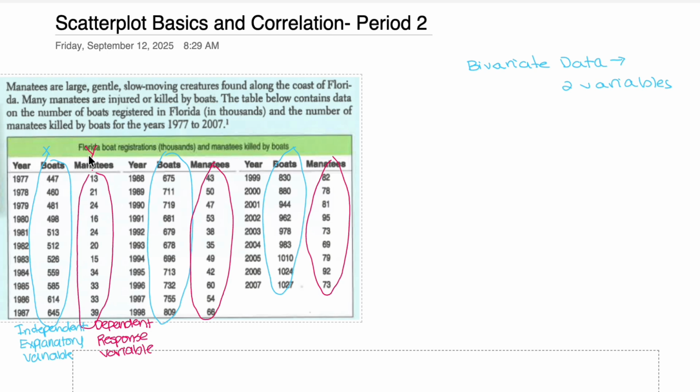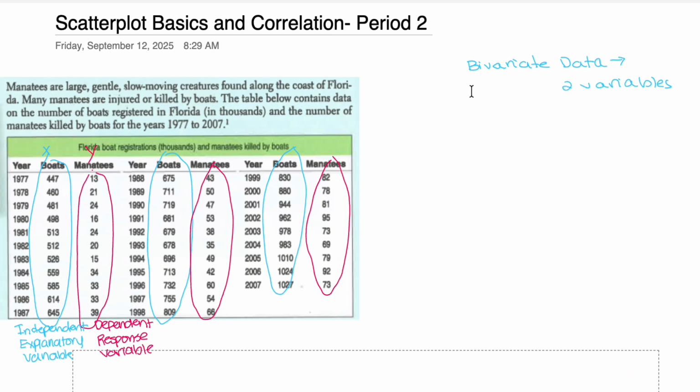And the y-axis, which is also called the response variable, is the number of manatees killed. The explanatory variable is also called the independent variable, and the response variable is also called the dependent variable. Maybe the terms sound familiar right now.